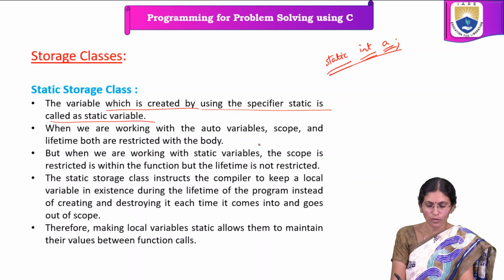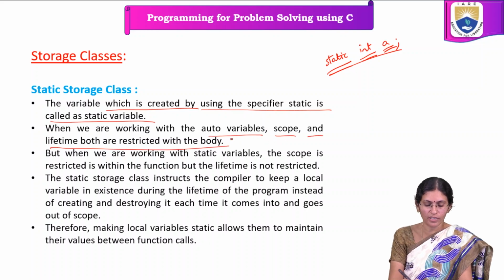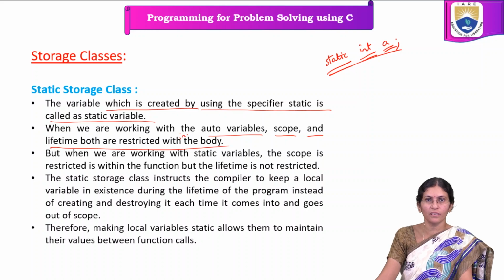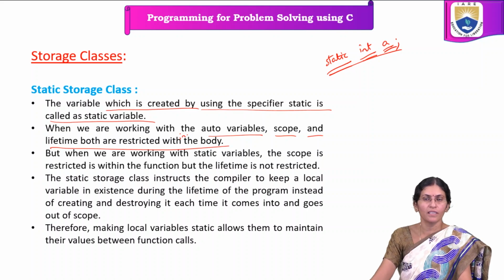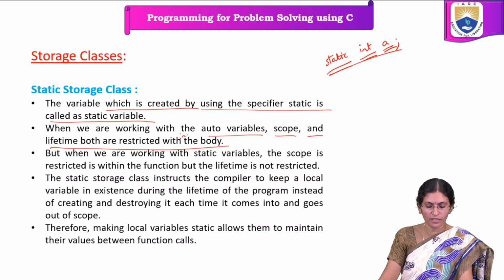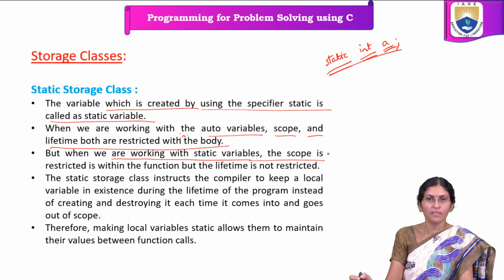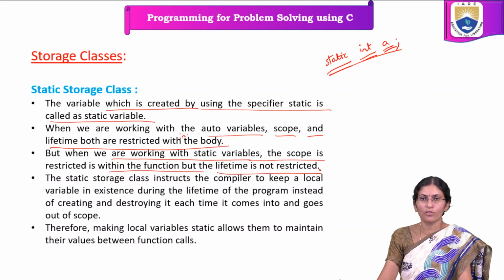When we are working with auto variables, scope and lifetime are both restricted within the body, to where the variable has been declared and defined. But when we are working with static variables, the scope is restricted within the function, but the lifetime is not restricted.